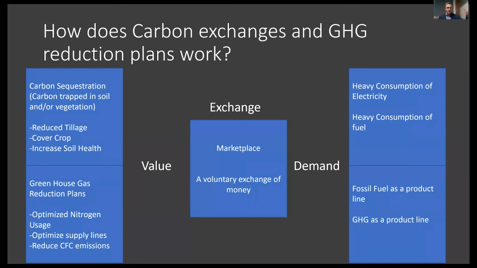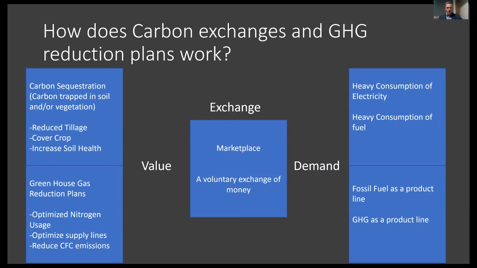And so carbon sequestration efforts, which are efforts taken to store more carbon in the soil or increase the amount of vegetation that's stored, be that tree lands or wetlands or grasslands that are set aside and store carbon, or reduced tillage and cover crops or increased soil health. All of those efforts are taken to increase the carbon that's stored in the soil.